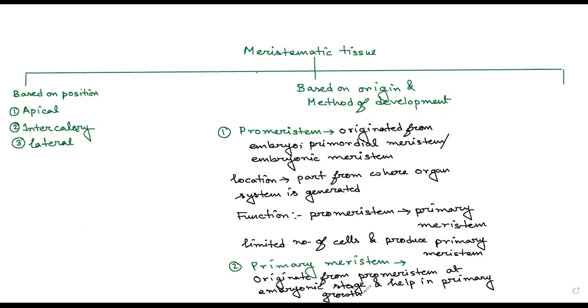For example, primary meristem can be responsible for production of protoderm. So what is this protoderm? Protoderm means epidermal tissue system.